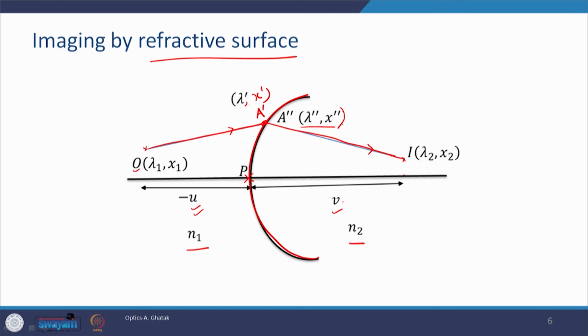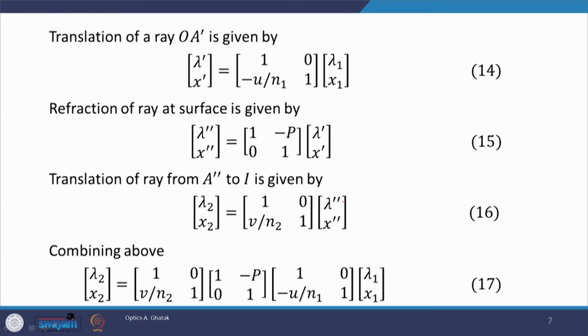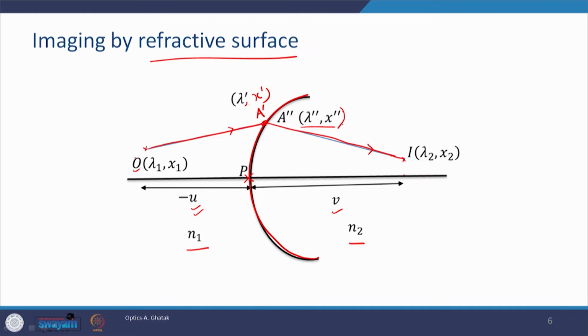Okay. Knowing all this, we will write a matrix for this translation, refraction and translation again, and we will see how the resultant system matrix looks like. Now, for translation of the ray from point O to A prime, what are point O and A prime? Point O is here and A prime is here.